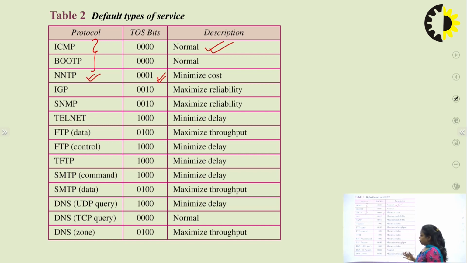This is the way, on the different queries and different commands, we are using or getting reliability, or we are talking about delay, throughput and everything, or normal conditions. So whatever conditions we have, that is how we are using the different protocols or how we can execute the different queries.